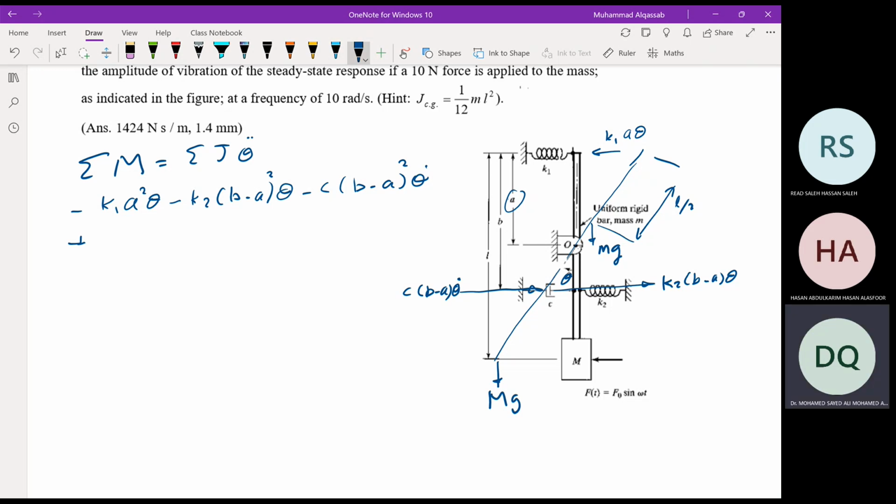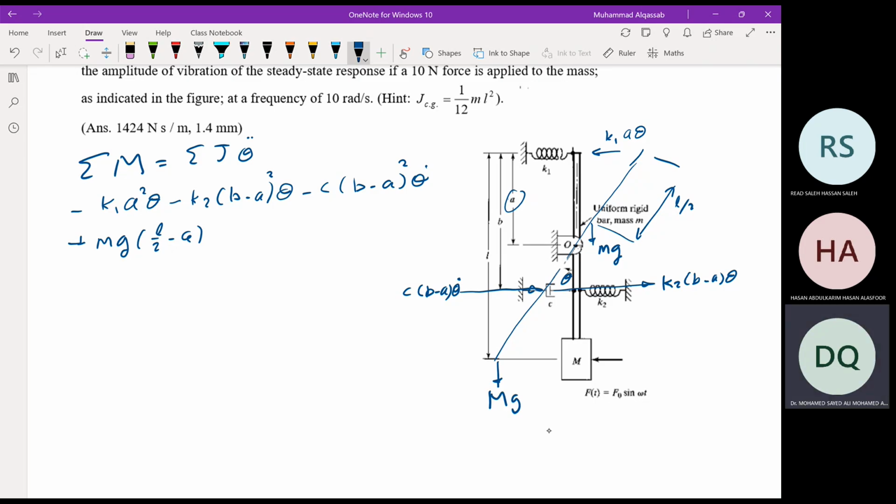Okay, and we have a plus because mg is doing a clockwise moment in the same direction of theta. It is mg times L/2 minus A, and the moment is clockwise.